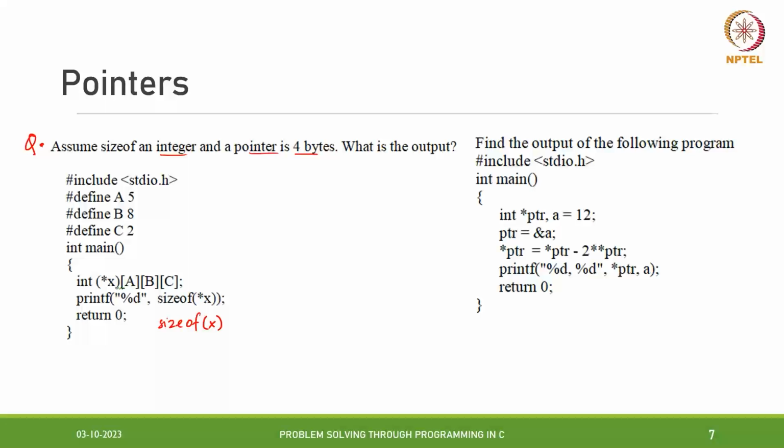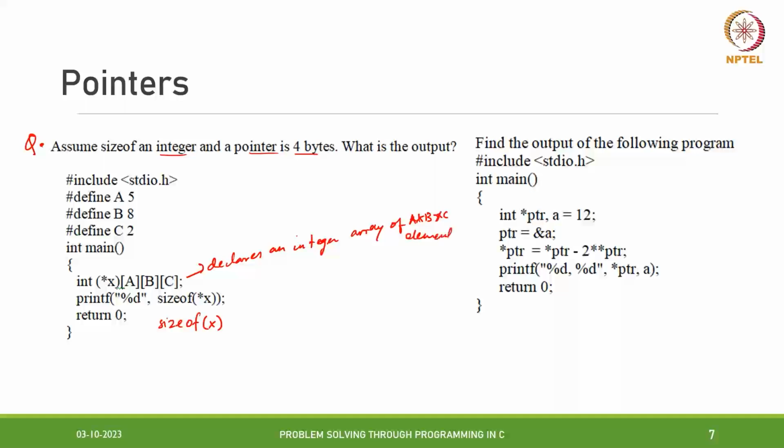Okay, so first tell me the output of sizeof(*x), and then tell me the output of sizeof(x). So this will be different. What I said in the earlier slide is that this declares an integer array of a cross b cross c, this many elements.